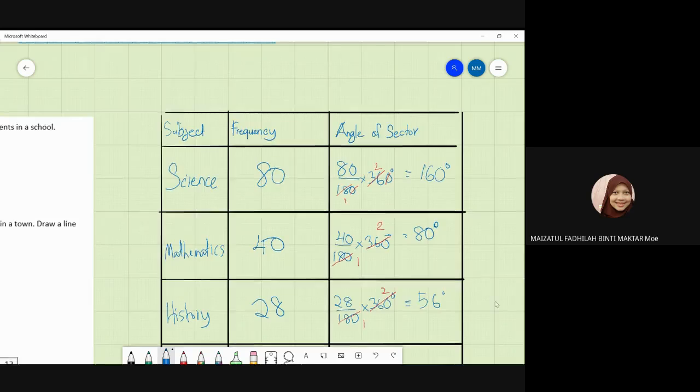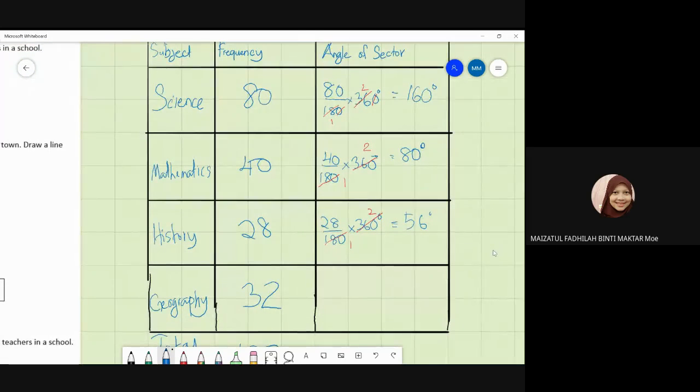And the last one, 32 over 180 times 360. So your answer will get 64. But make sure to check it again.